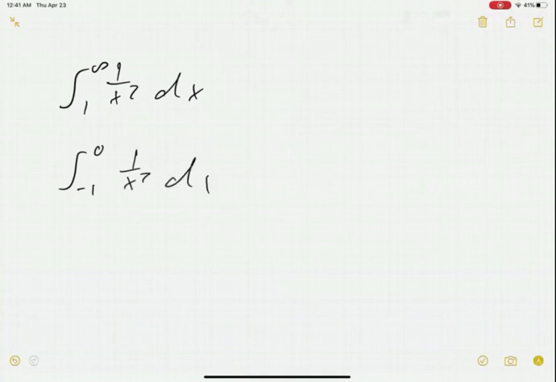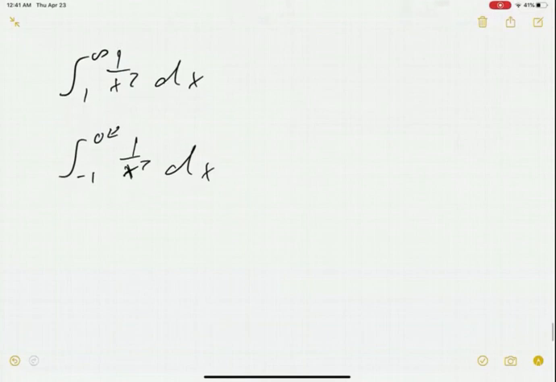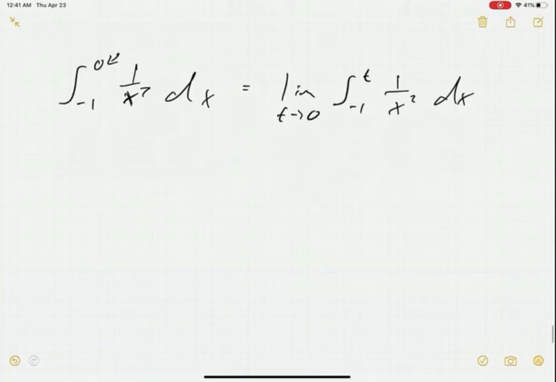Now this function is not continuous at this endpoint. So again, I need to consider it as a limit, and I need to go through my steps the same way and see if my integral is convergent or divergent. And in this case, I believe it's going to be divergent. You guys, again, can check me on that.